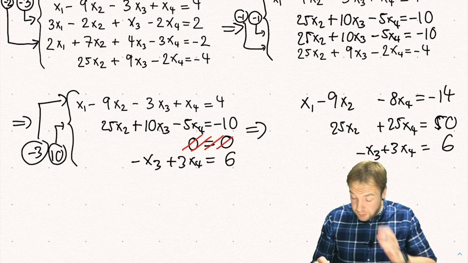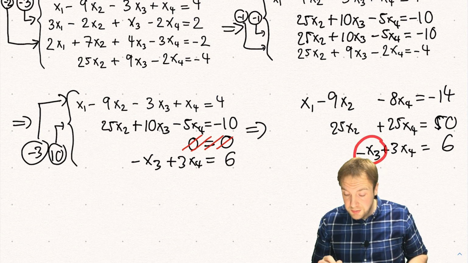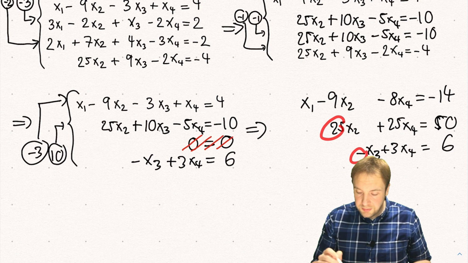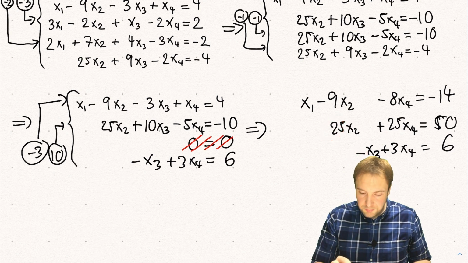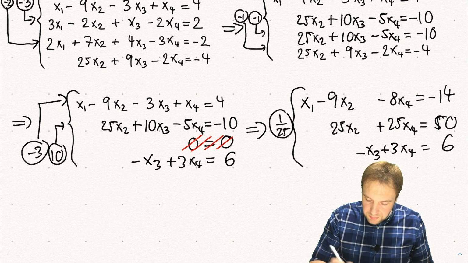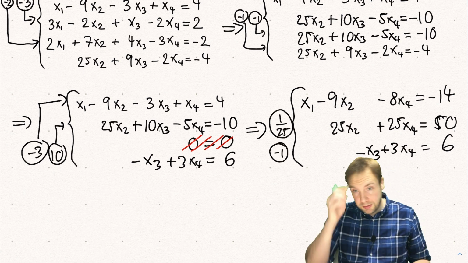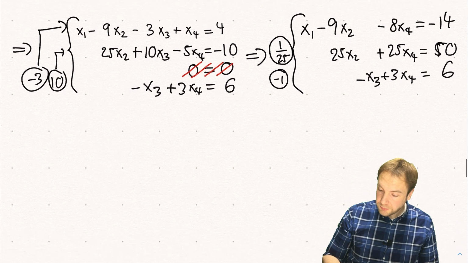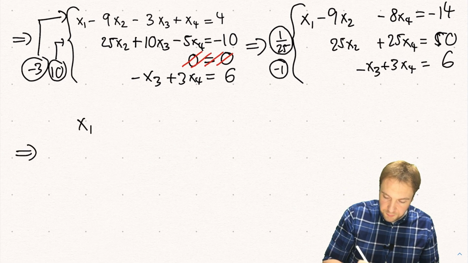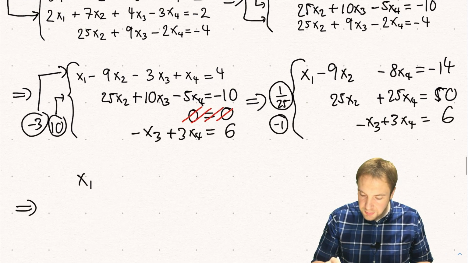Okay, so now x3 just appears here, and first we will clean up a little bit and get rid of this minus sign and this 25 here. So here we will divide by 25, and here we will multiply with minus 1 to get x1. So the first equation, I can steal it from here again.